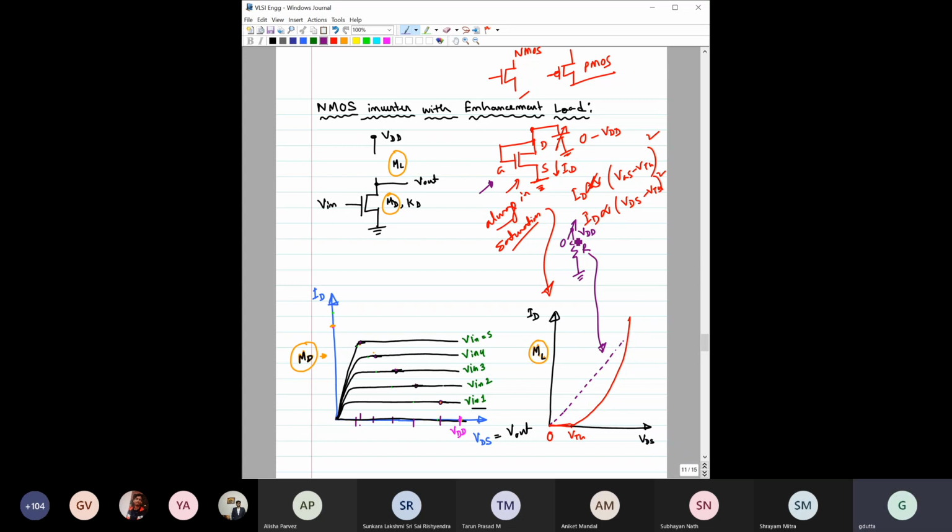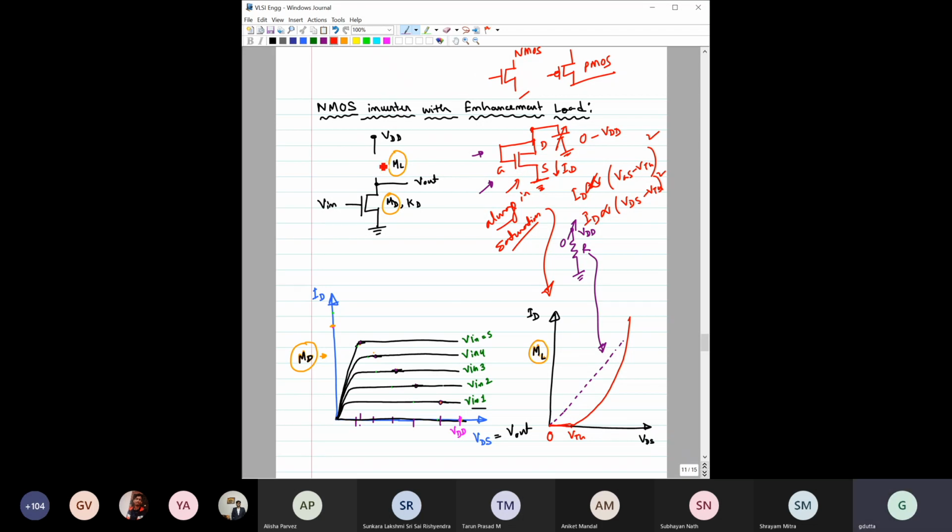This type of connection is called the enhancement load. The advantage is that we can replace the resistor, which takes a very large area, by a very small transistor.